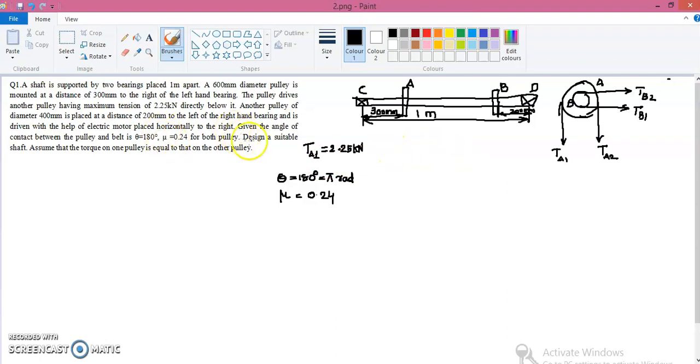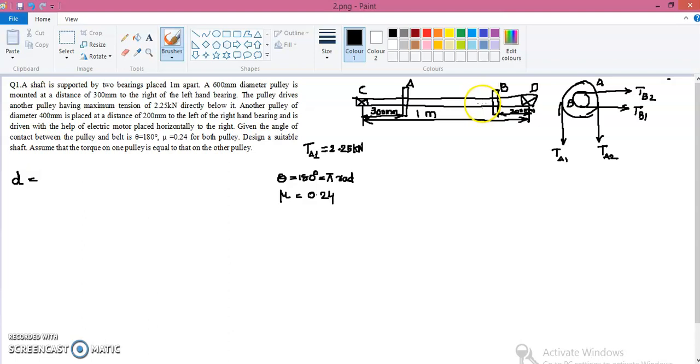So designing a suitable shaft means we have to find out the diameter of the shaft. To find out the diameter, what are the equations that are available for finding this diameter? Diameter of the shaft, I am representing it as D. For that we have to first understand what type of force is coming on this shaft. We know that the shaft is continuously rotating.